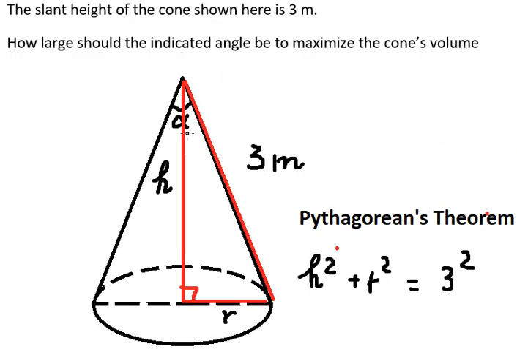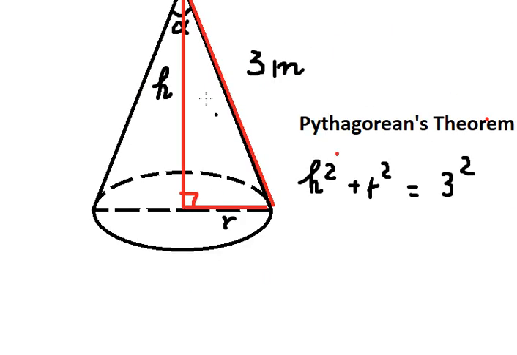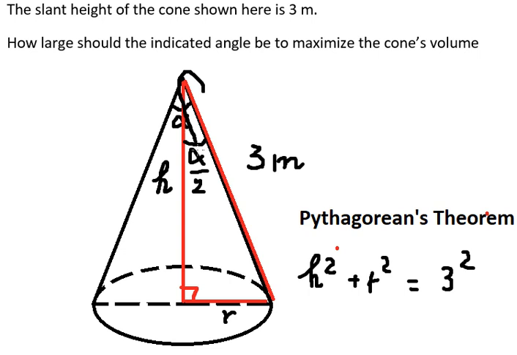Now the next one is about the angle. About the angle in here, I will use alpha over 2. Why? Because this side in here and this side in here have the same value. So I will highlight the green color.